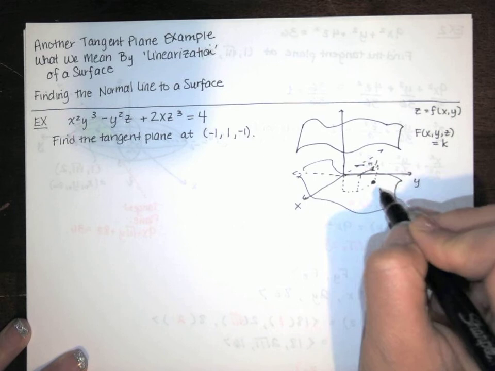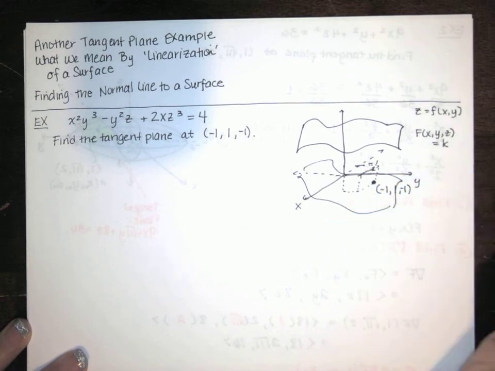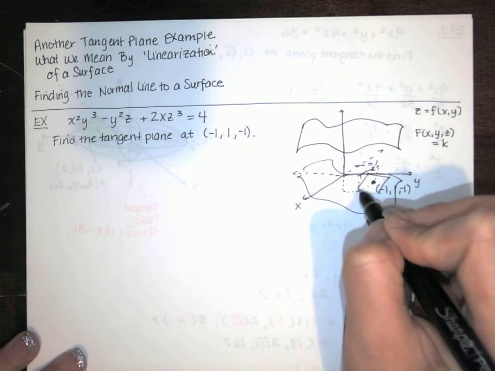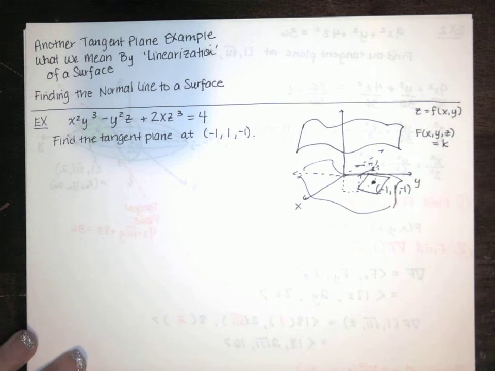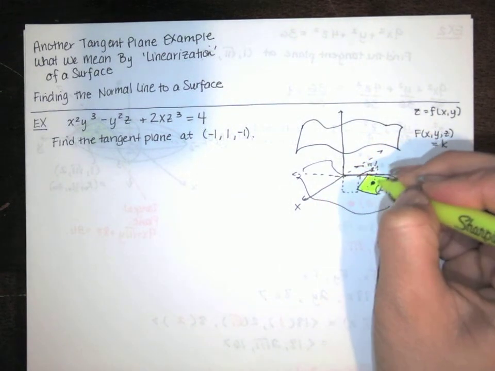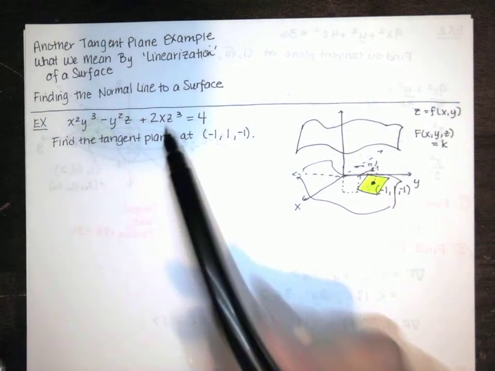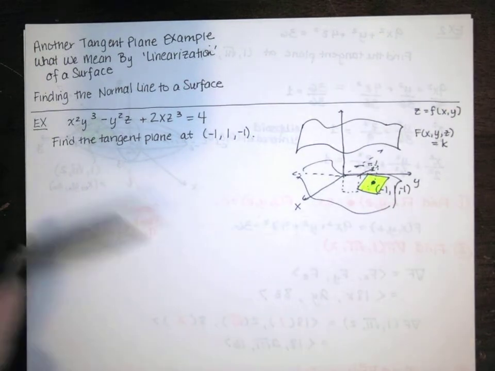Say, oh, that's our point on the surface. -1, 1, -1. And we want a little tangent plane right there. This is just a horrible, horrible picture, but I hope you get the idea. We're trying to find a tangent plane at that point, and who knows what the surface looks like, because this is definitely not one of the surfaces we studied in the other chapter.